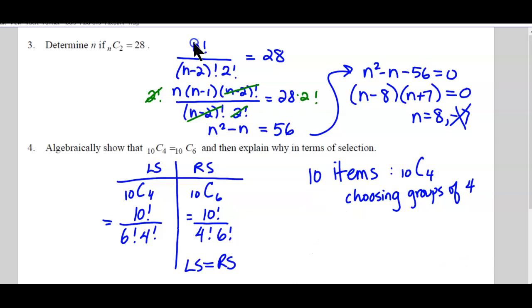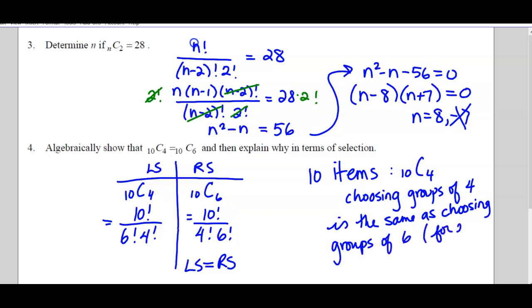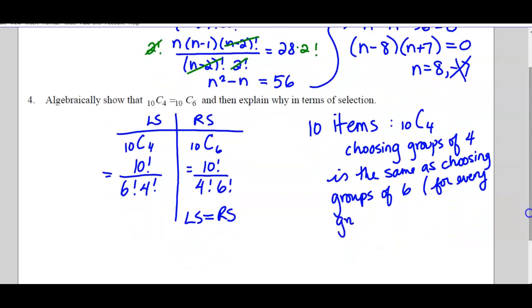That's not very good grammar there. I'll just take out the word you. Choosing groups of 4 is the same as choosing groups of 6 for every group of 4 and the remaining people.